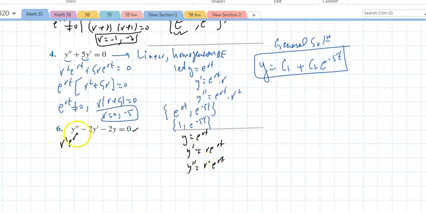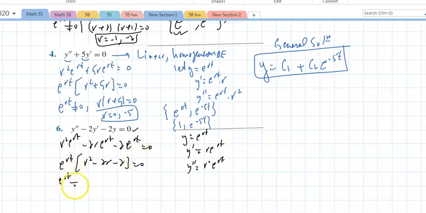R squared e to the rt minus 2r e to the rt minus 2e to the rt equal to 0. Factor e to the rt out. R squared minus 2r minus 2 equal to 0. So e to the rt can never equal 0. It has to be that r squared minus 2r, and since this doesn't factor, actually let me do it in 2 steps, that's okay. Minus 2 equal to 0.